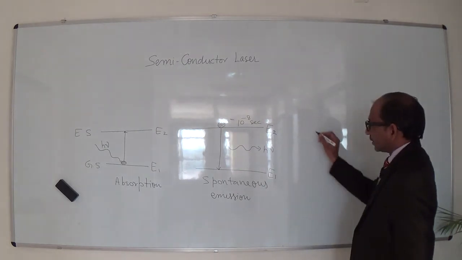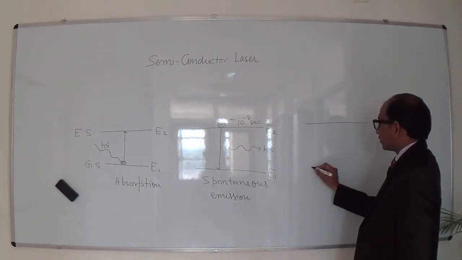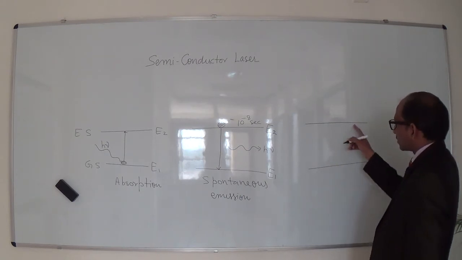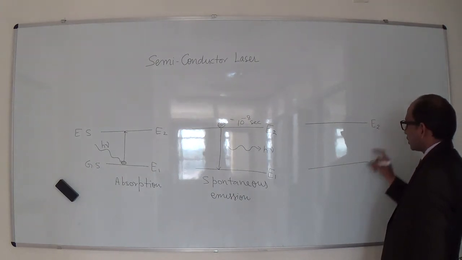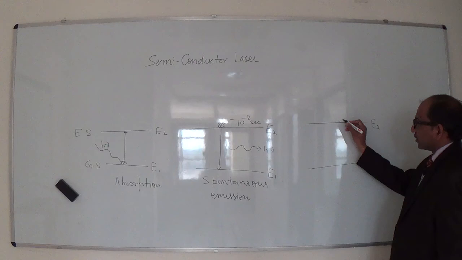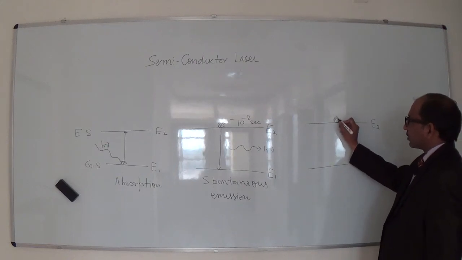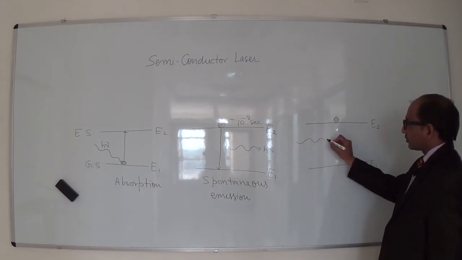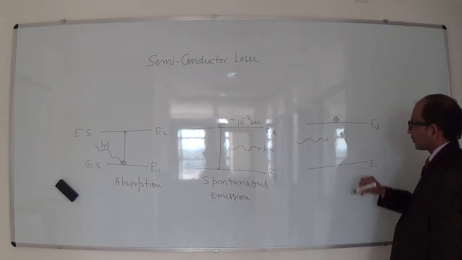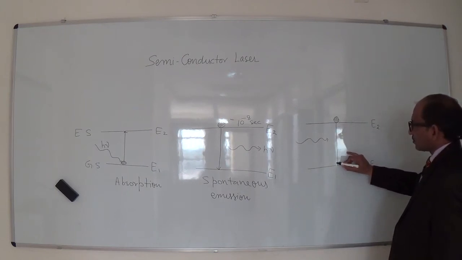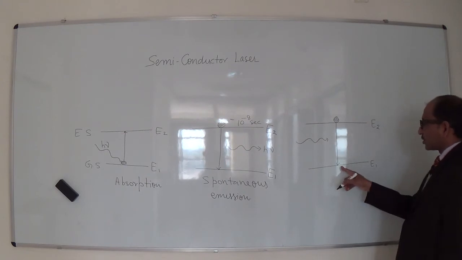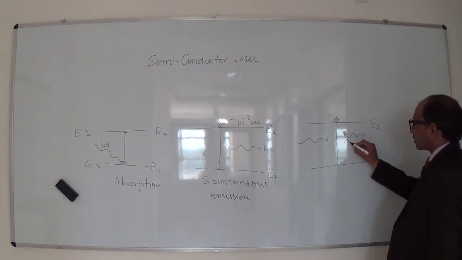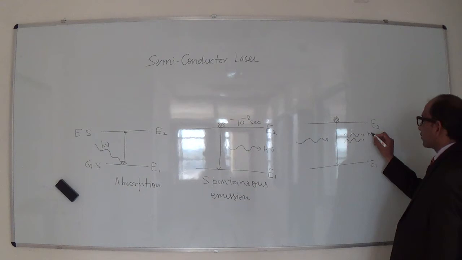Now the third possibility is related to stimulated emission. These two energy levels correspond to the ground state and excited state. Still our atom is in the excited state. A photon comes and induces this atom. As a result, this atom comes into the ground state after emitting a photon of the same frequency as the incident photon.